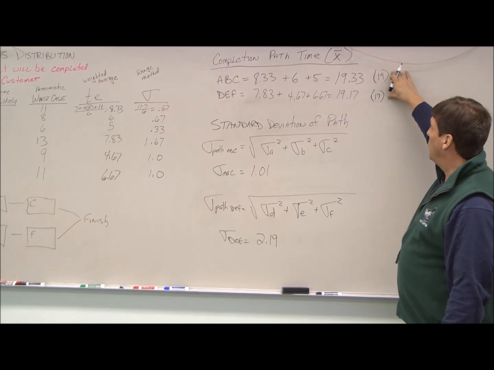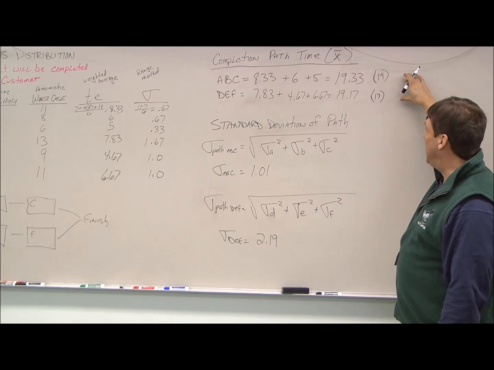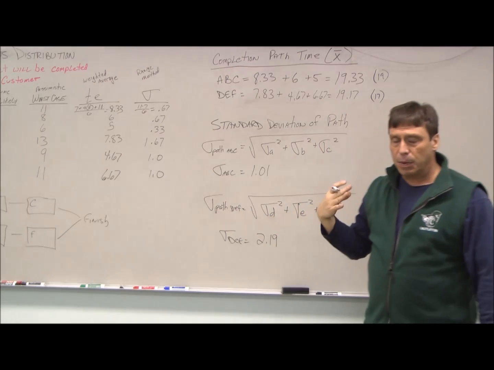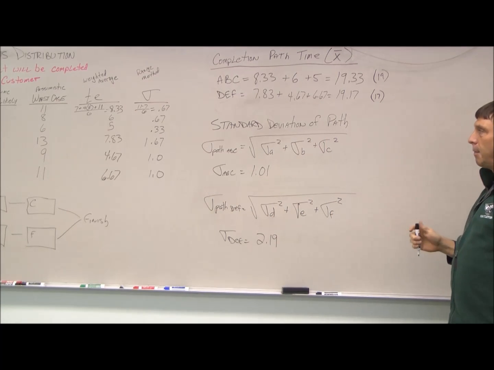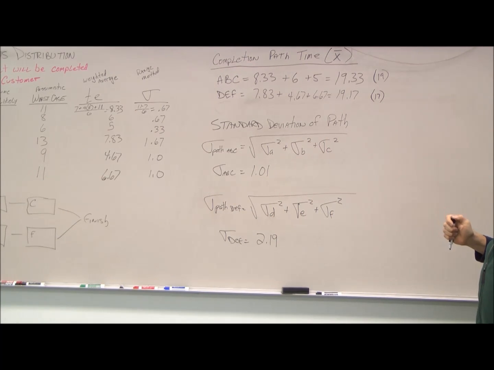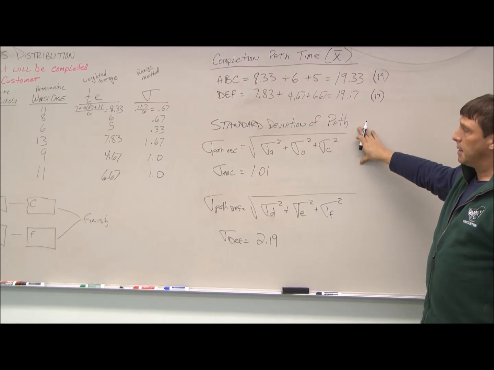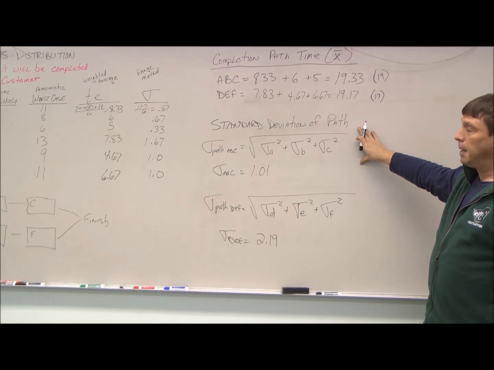So these are our X sub E, or our means. Remember, we took the weighted average, so that gave us an average, which is kind of the definition of the mean, the X bar. Then next we have to find out the standard deviations of the complete paths.